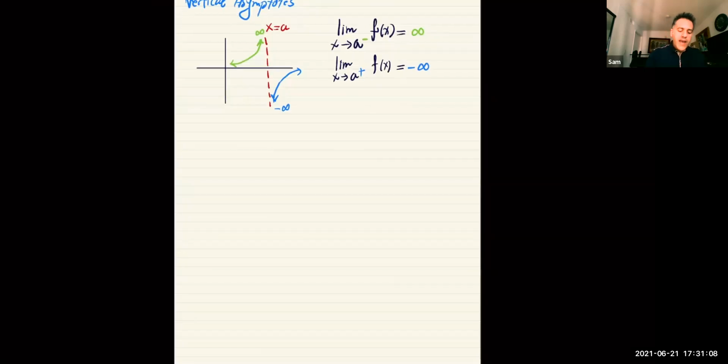Sometimes we have functions that go to the same infinity. For instance, again, let's say this vertical line is at x equal to a.